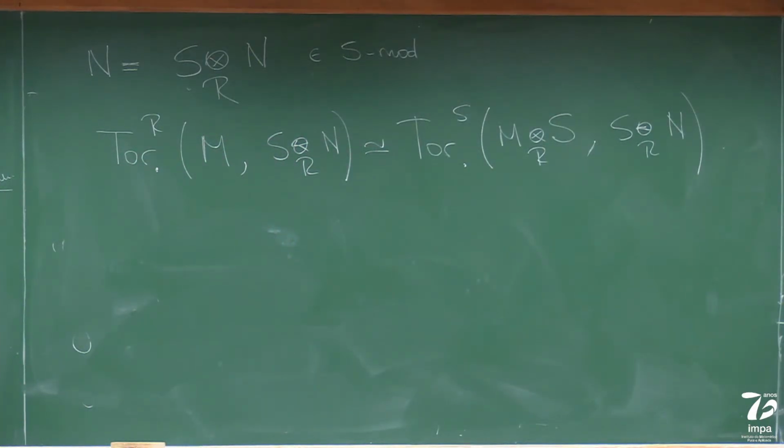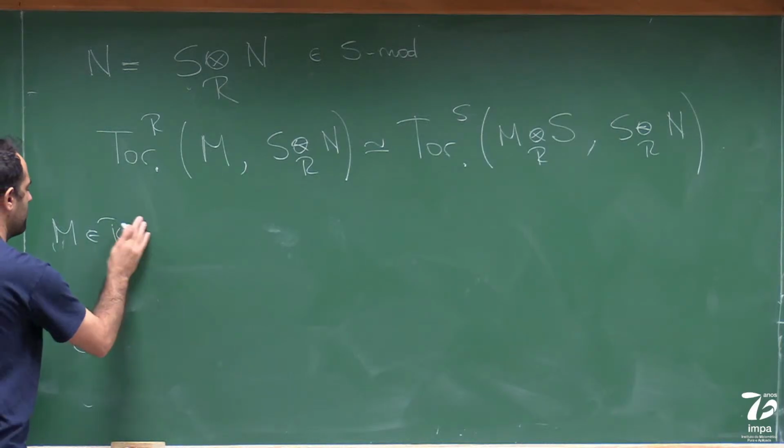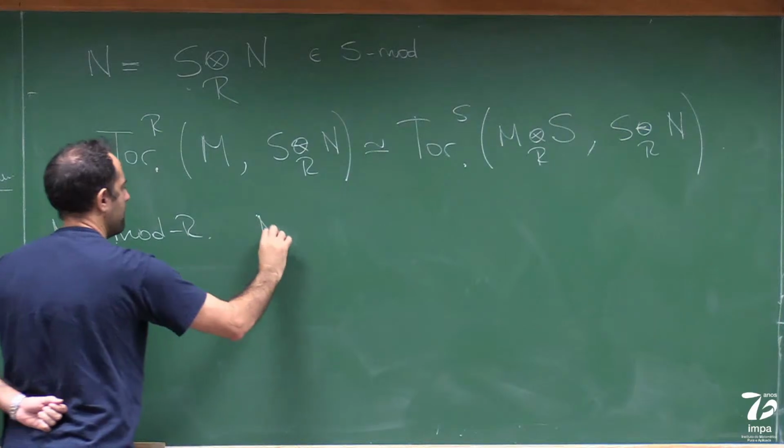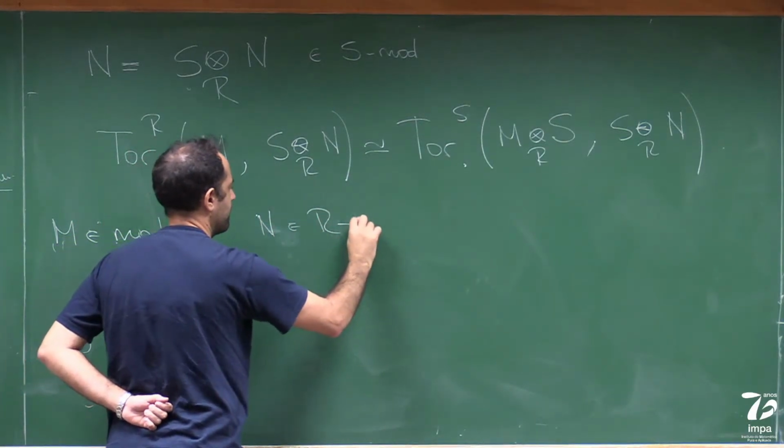Now M and N are both R modules. So here M is an R module, and N is an R module.